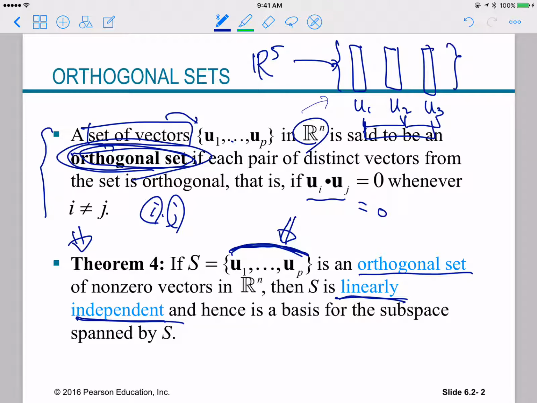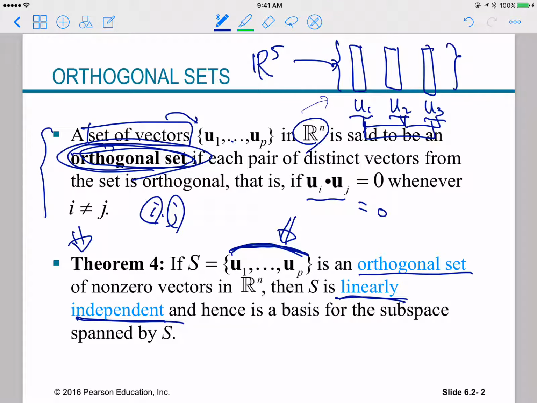Okay, and now we talk about the orthonormal set, and in this orthonormal set we add an additional constraint so that the length of each vector in our vector set should be 1.